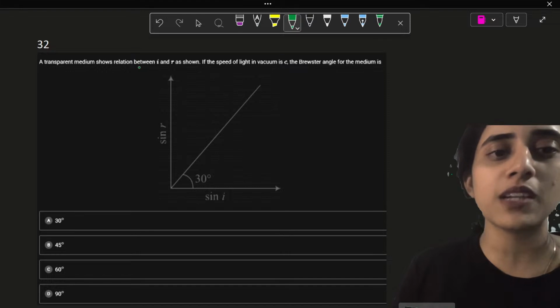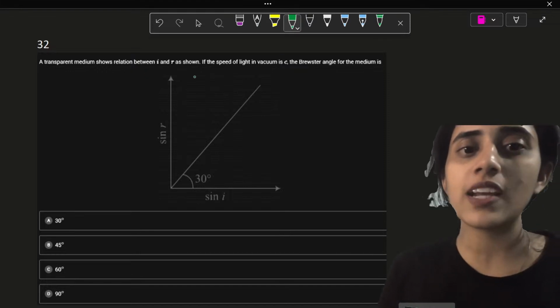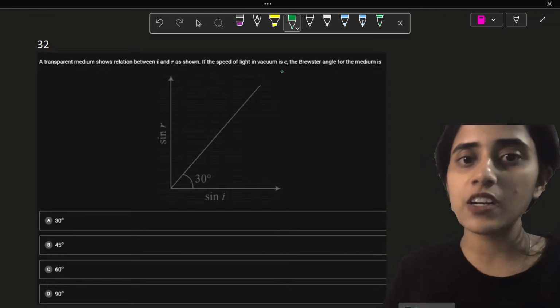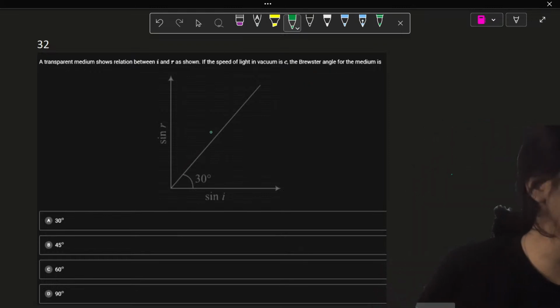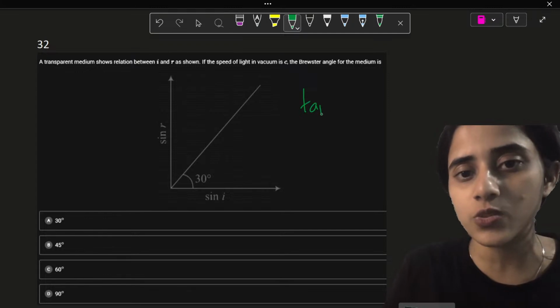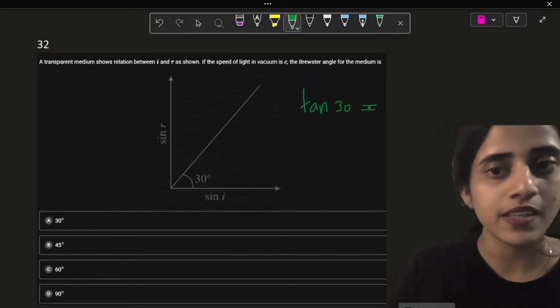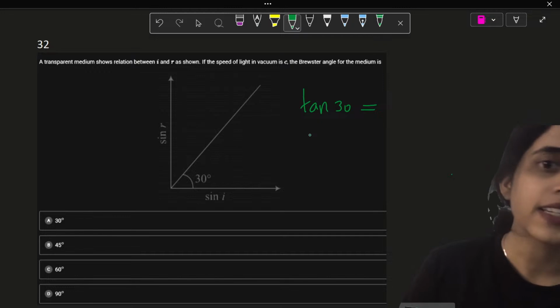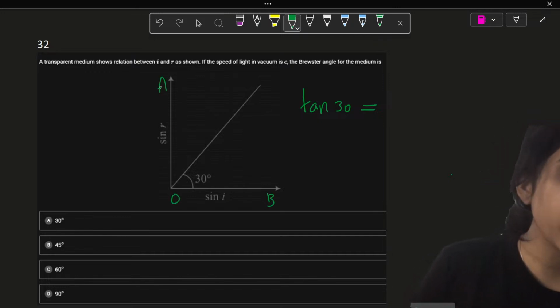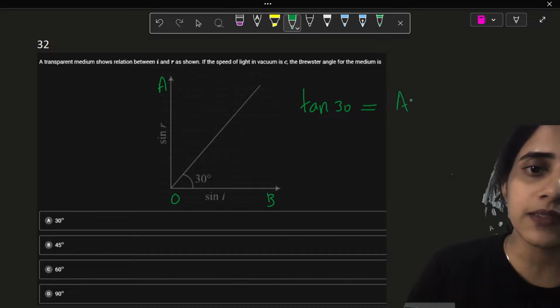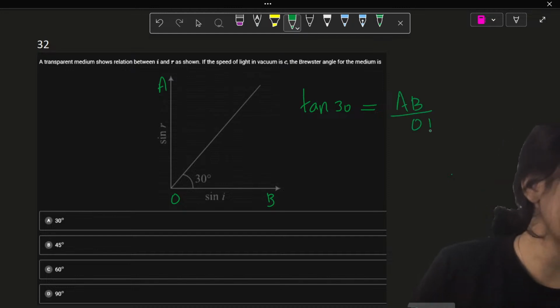A transparent medium shows a relation between I and R as shown. If the speed of light in vacuum is c, Brewster's angle for the medium is? We have to find out Brewster's angle. So we know Brewster's angle is what? It is tan 30. And what is tan 30 here? If I name this O, B and A, tan 30 would be AB by OB.